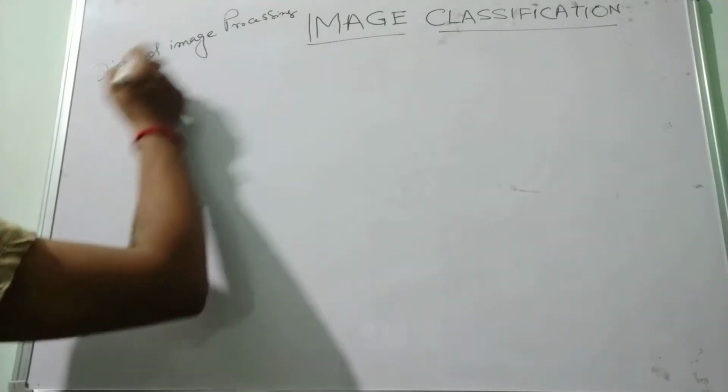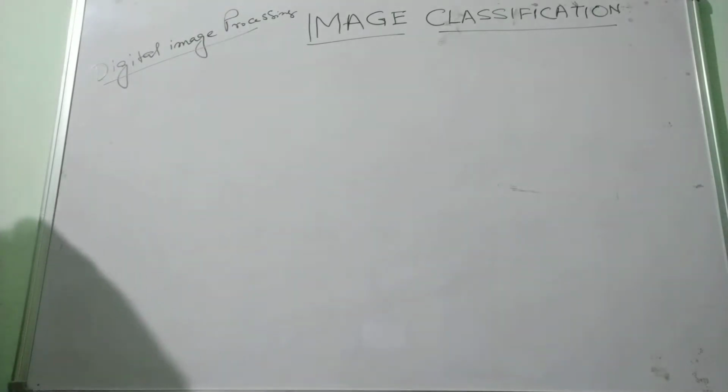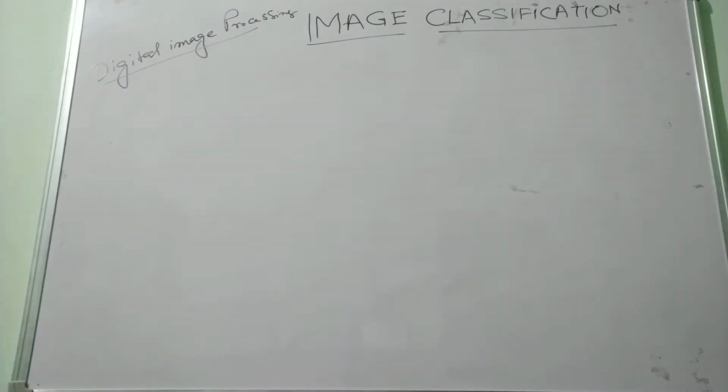So in image classification, what we have done is basically separating the image, or separating the pixels into a finite number of individual classes.